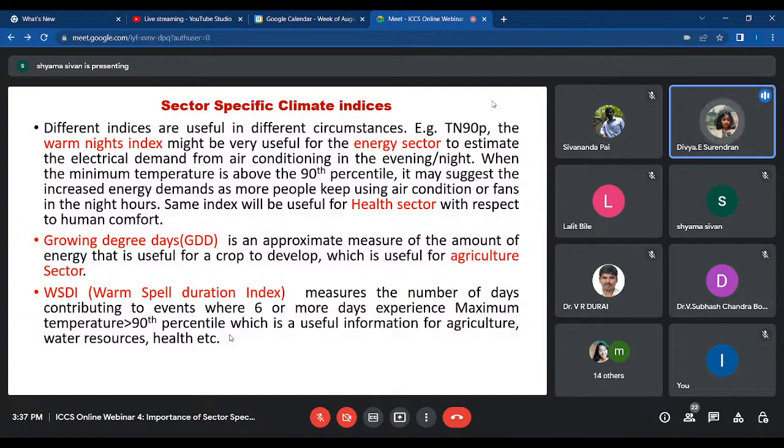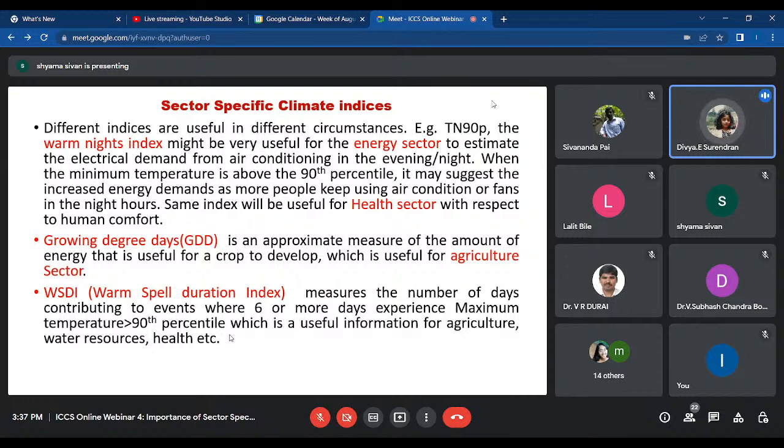If the minimum temperatures are higher during the night, it will demand air conditioning or fans in the evenings and night times. This will help the energy sector estimate how much power will be used for the additional use of air conditioners or fans.